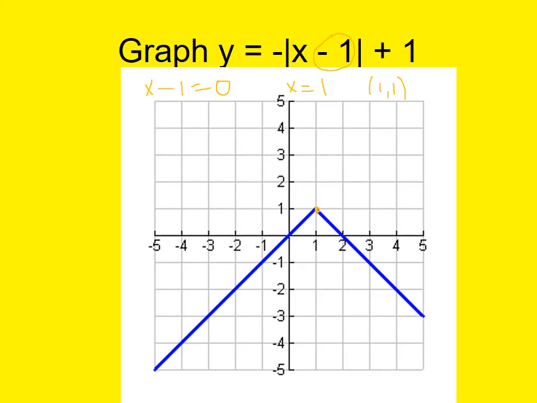Okay, the next thing to consider is we have a negative in front, so our a is a negative, and we know that our axis of symmetry is along the x equals 1 line right here. So this is our axis of symmetry right here.